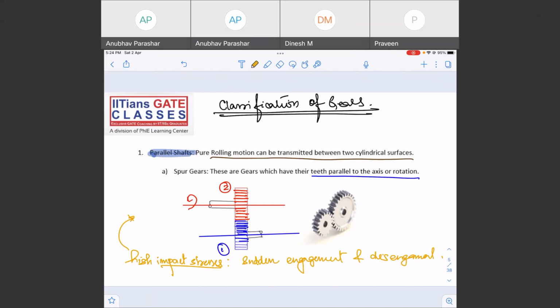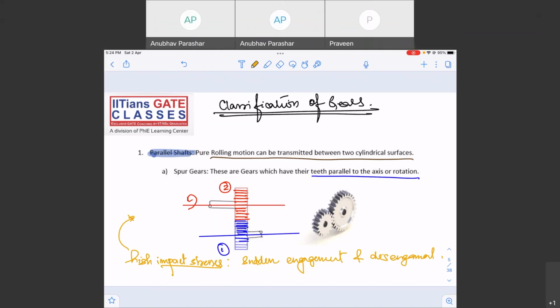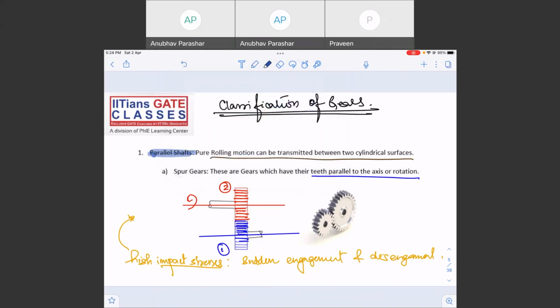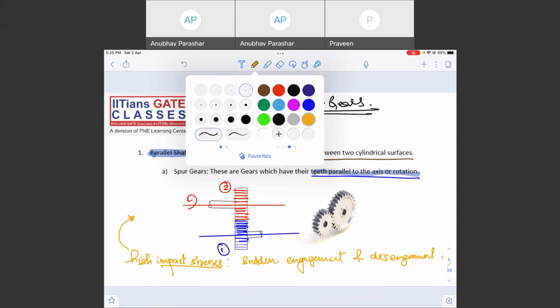Very nice. So we are doing classification of gears. We are seeing different classifications of gears, and we are talking about spur gears. Spur gears are gears which have their teeth parallel to the axis of rotation. But these gears have very high impact stresses because of sudden engagement and disengagement.